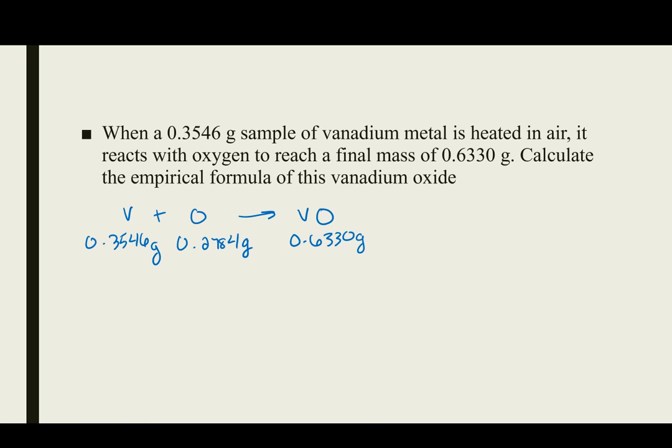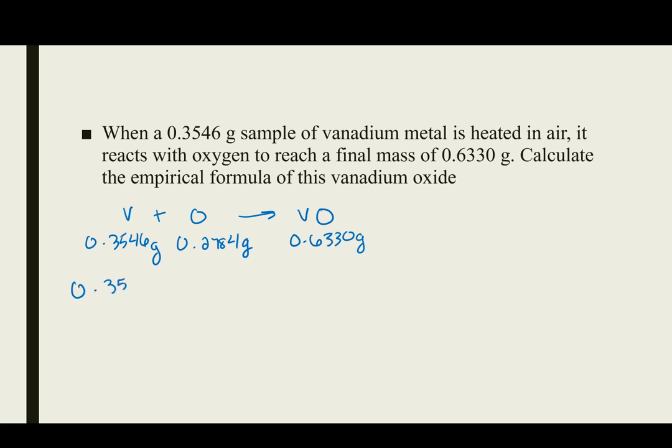So the way the law of conservation of mass works is if I started my reaction with 0.3546 grams of vanadium, I end my reaction with 0.3546 grams of vanadium. So I can use those masses of the reactants as the masses of the elements in the empirical formula of this vanadium oxide.